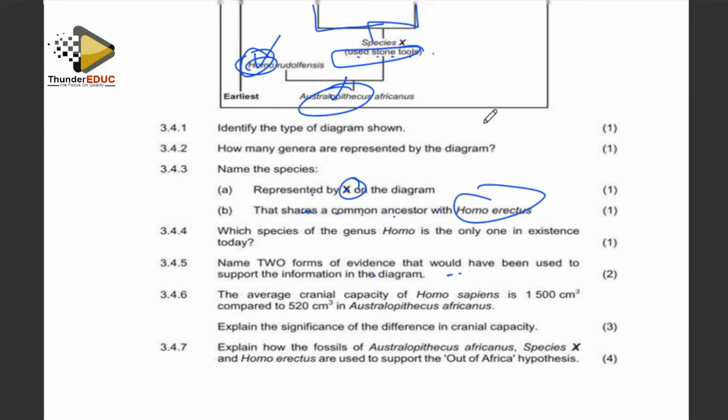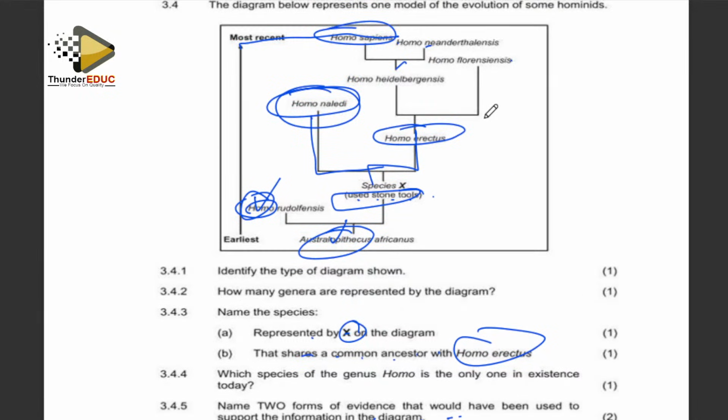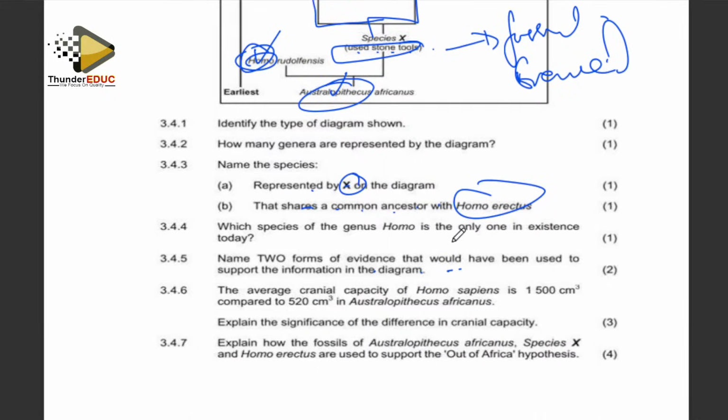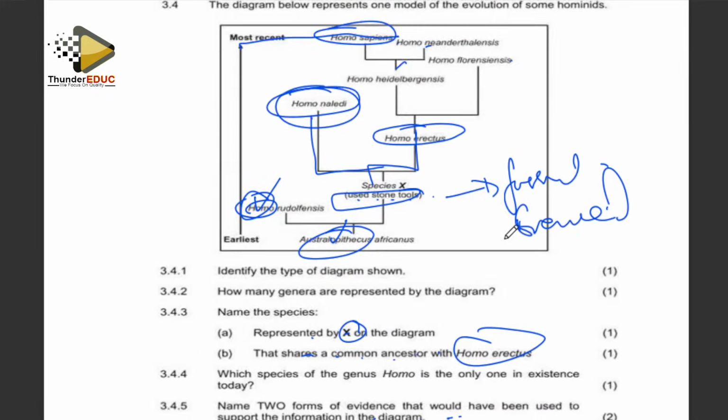In this case, we can use the fossil evidence and then the genetic evidence. Guys, it's genetic evidence, not mitochondrial DNA. Mitochondrial DNA is an example. You understand? Genetic evidence, and then cultural evidence.